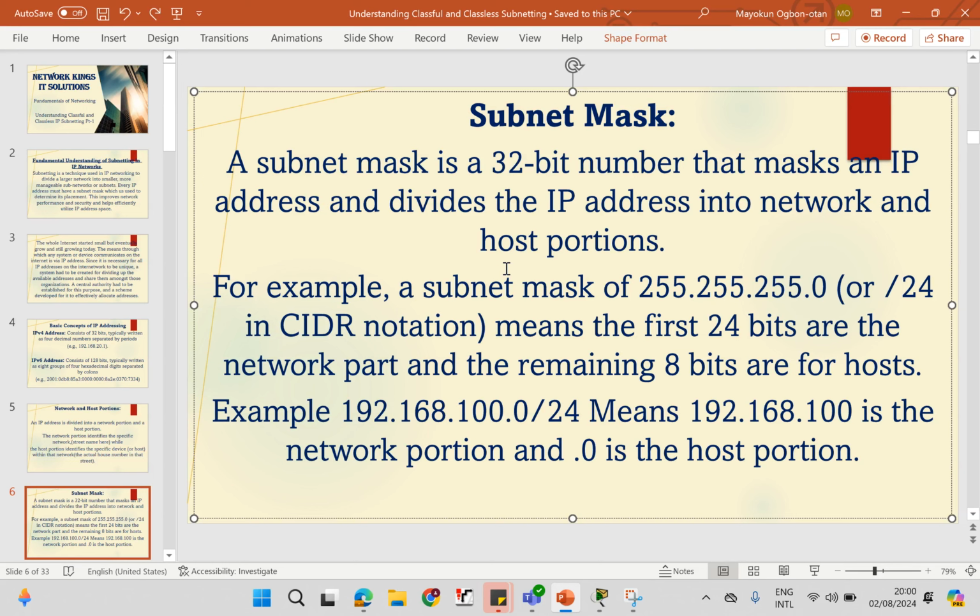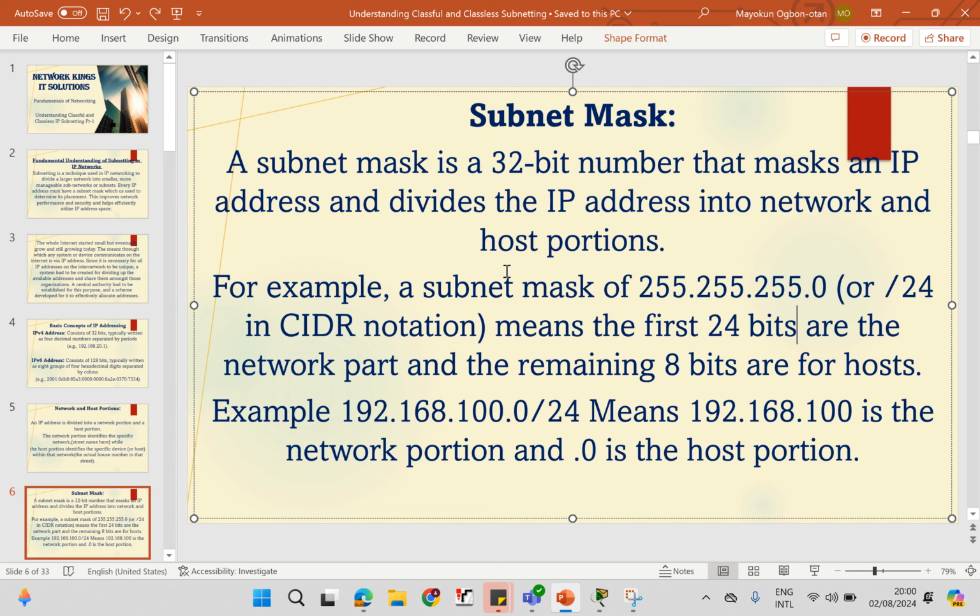The first 255, second 255, and third 255 are the network portion, while the 0 is the host portion. Remember, every IP address is divided into a network and a host portion.